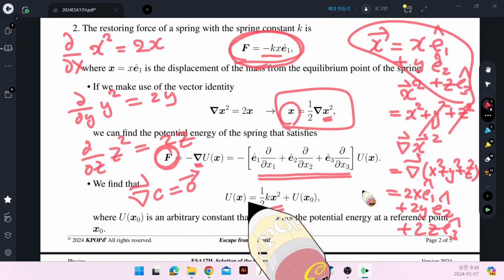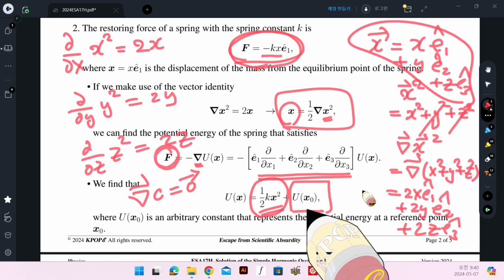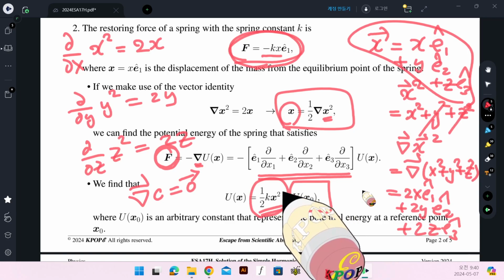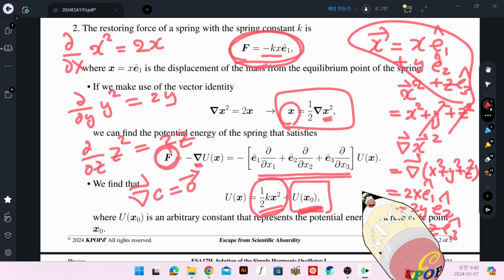That means the x dependence appears explicitly. However, any contribution that is independent of x, that is called a constant, does not contribute to the force.